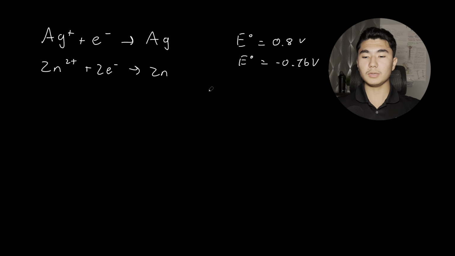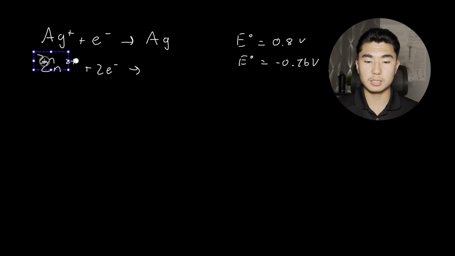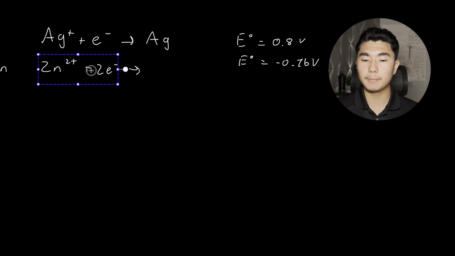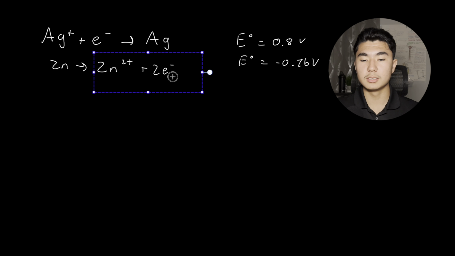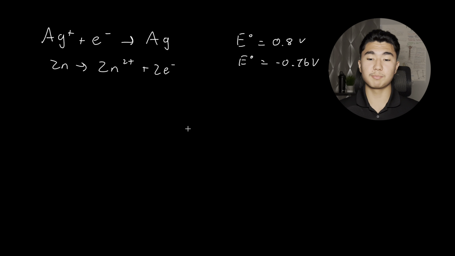Our first step is to identify which one's being reduced and which one's being oxidized. This zinc, we know, is being oxidized because it has a smaller standard reduction potential. So all we have to do is switch these sides. We have our zinc converting to Zn2 plus and 2 electrons. But look, we have 2 electrons on this side, but only 1 electron over here.